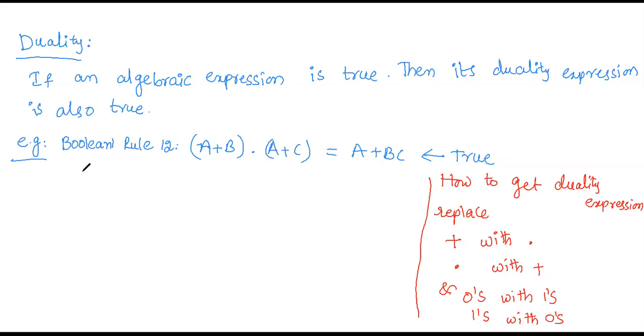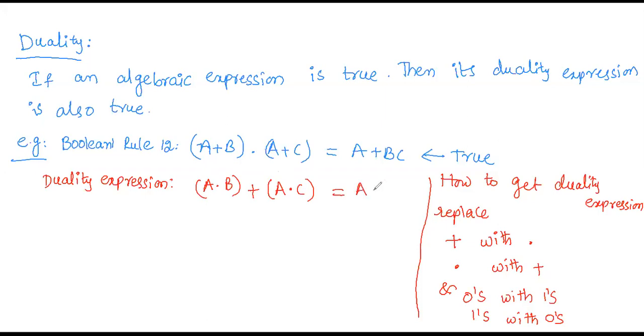Now, what is the duality expression of rule number 12? Replace plus with dot. So it will become A dot B, and wherever the dot, we will get a plus. Next, A plus C. In the place of plus, we have dot.